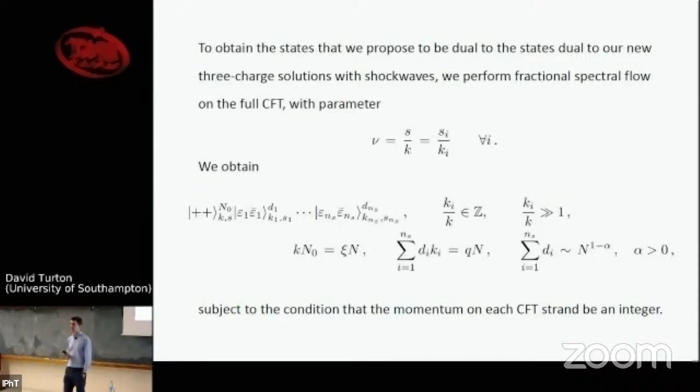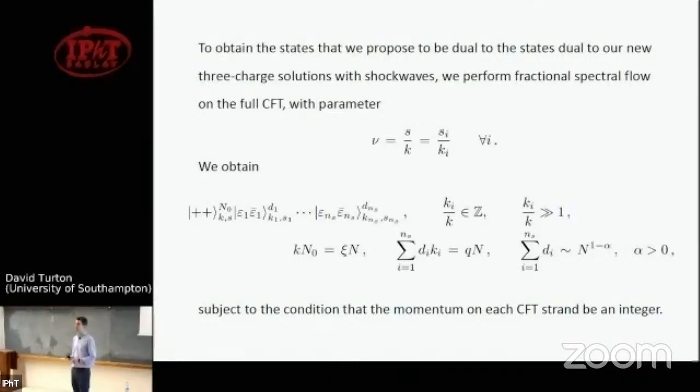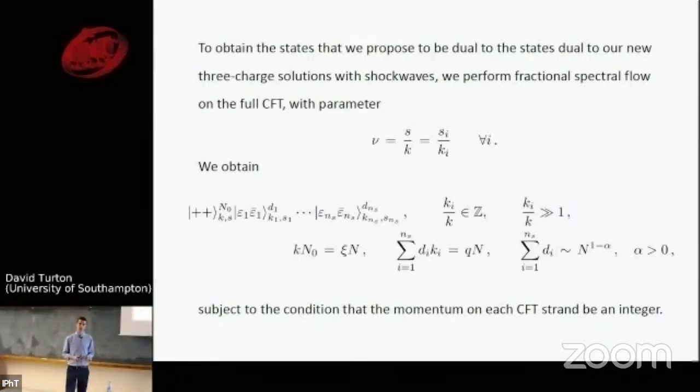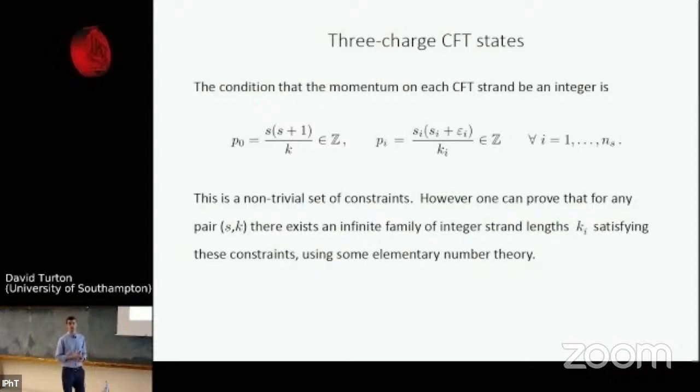This is subject to one important condition, because we can't do this for free: there's an additional condition in the holographic CFT that the momentum on each strand must be an integer. And so not every value is allowed here. We have one extra constraint, and it turns out that it's a non-trivial constraint. This is why we do have to worry a little bit about integer Diophantine number theory.